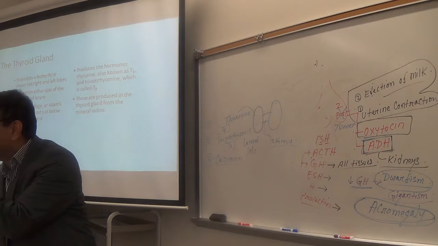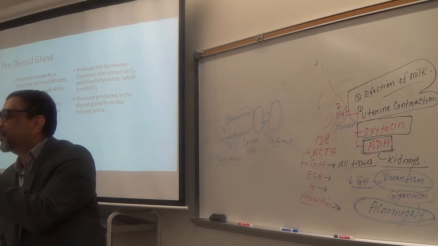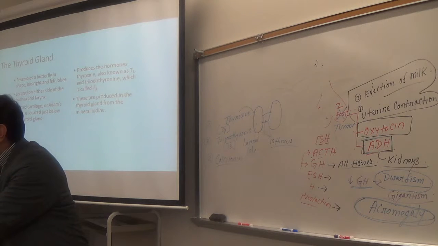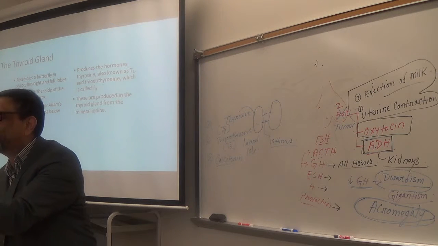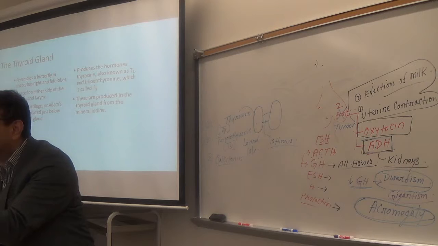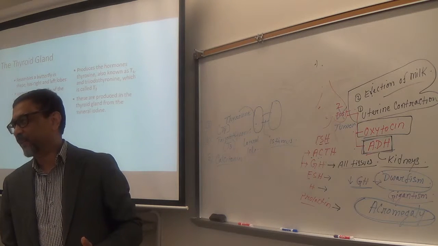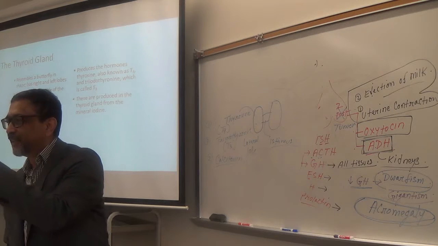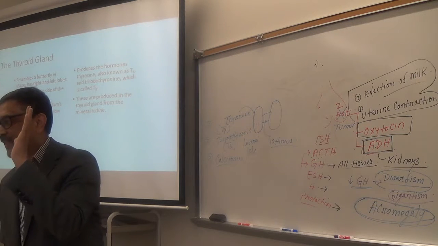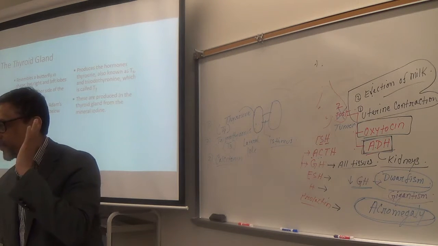Its name is telling it, triiodothyronine. So how many iodine is there? 3. Make sense? The name is telling you triiodo. How many iodine? 3 in that hormone. So to make that hormone molecule, you need 3 iodine atoms. Is it clear?